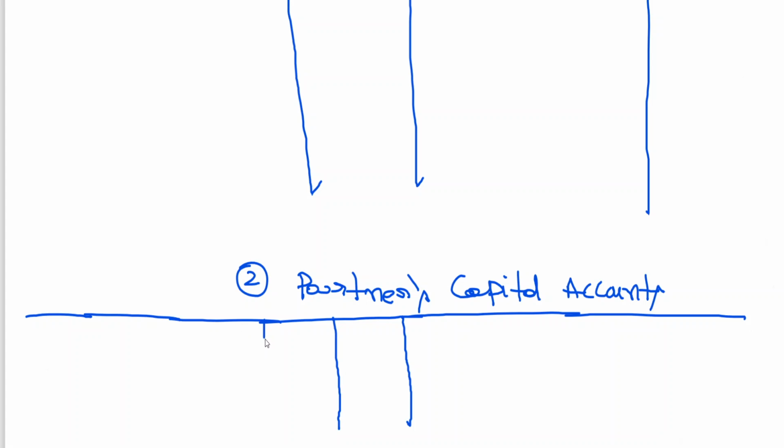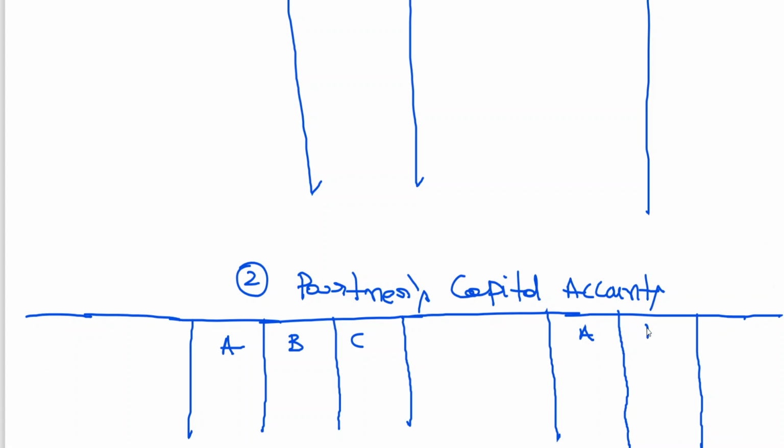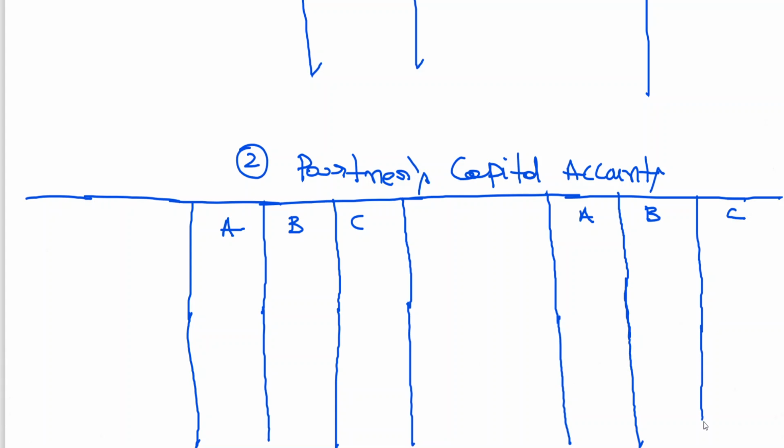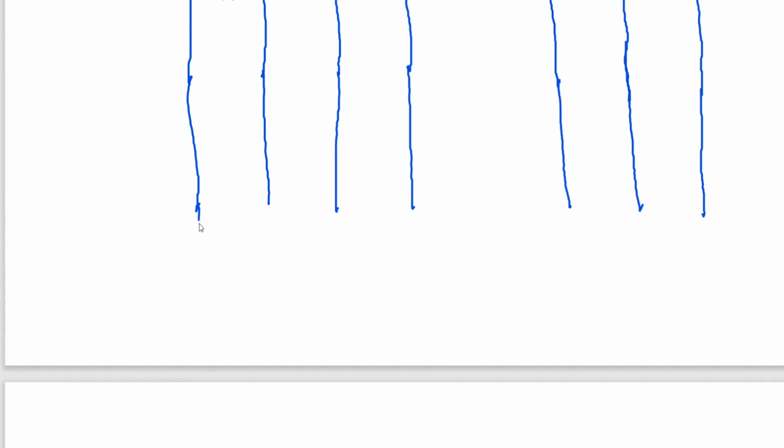There are three partners, A, B, C. Third account, bank account.